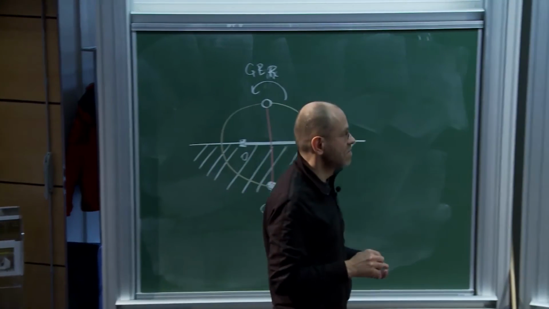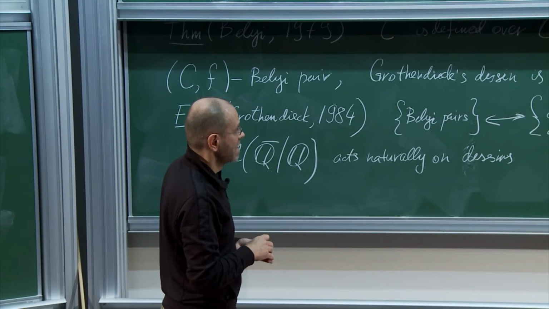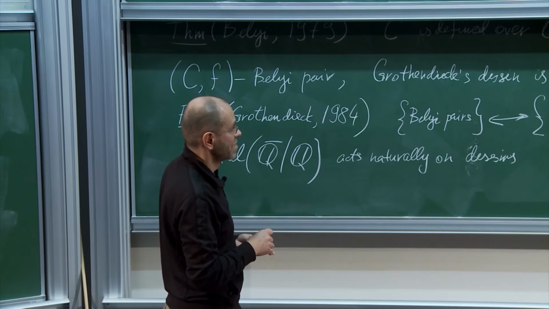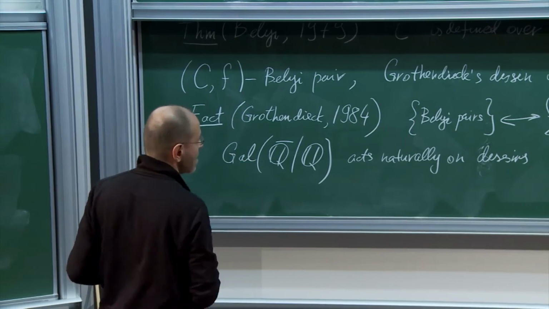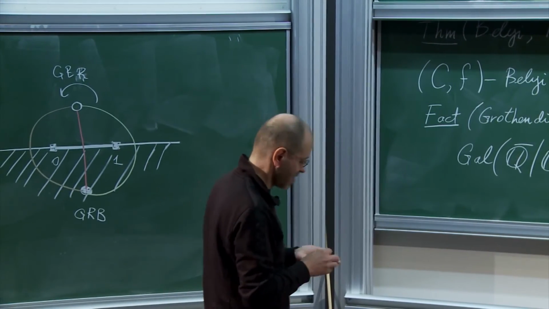So counting the dessins is the same as counting bicolored, three-edge colored ribbon graphs with such a ribbon structure.